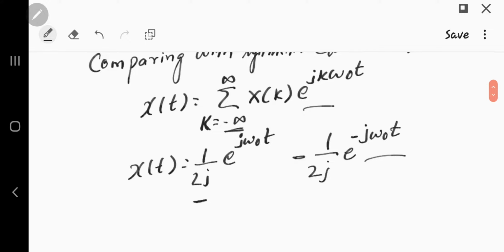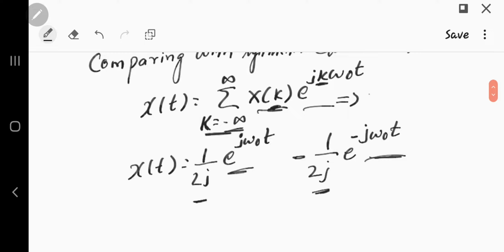If you observe this, in place of x of k we have 1 by 2j and minus 1 by 2j here. But observe this, we have a value for k here, and in the given k doesn't exist, but the value of k has been substituted. If I expand this by applying the value, to get these two values I have to put k equal to 1 and k equal to minus 1.